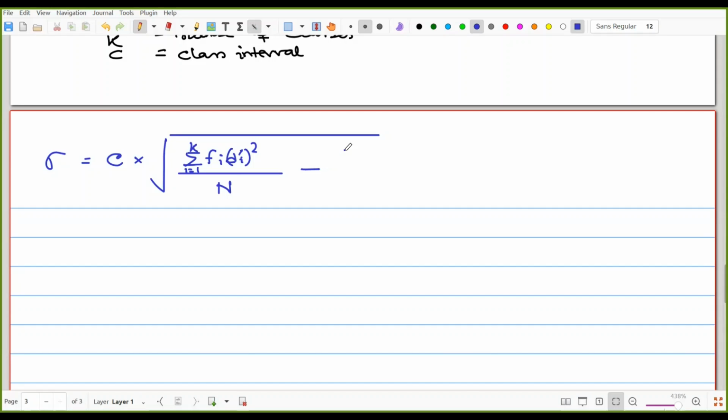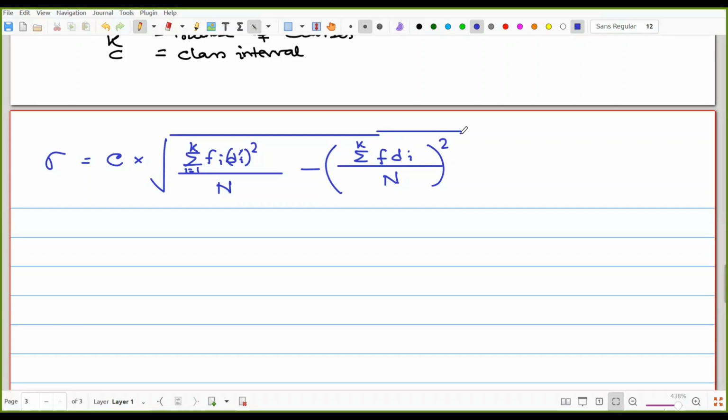It may be some confusing way, but that is easy. Just check here. Summation of i is equal to 1 to K fi di divided by N its whole square.